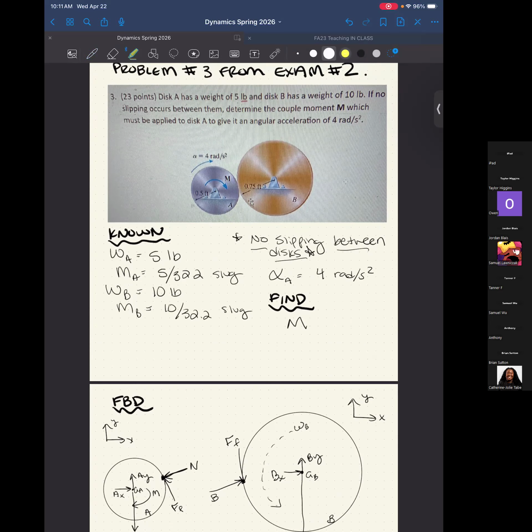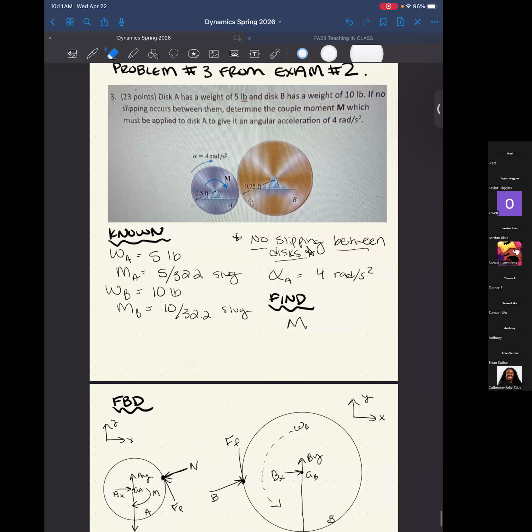One extra thing is that it's asking for us to solve for a couple moment. Now, the couple moment could show up in an impulse momentum equation, but impulse momentum requires us to think about changes in angular velocities after some time duration has passed. And it's not asking about some time duration passing, it's asking about instantaneous.